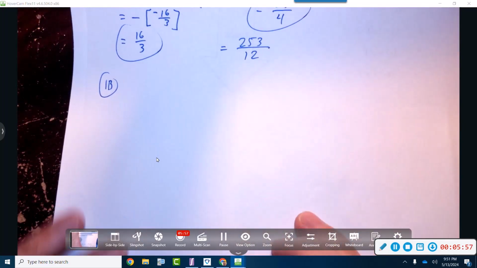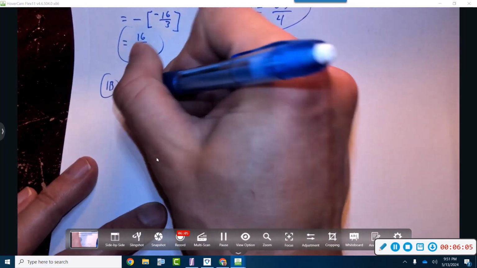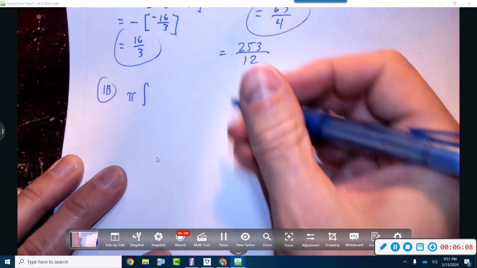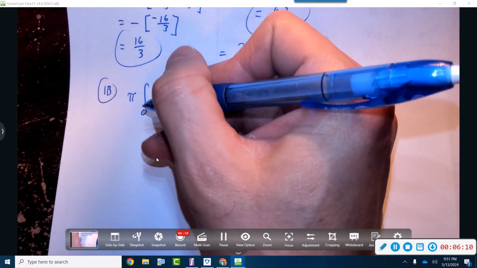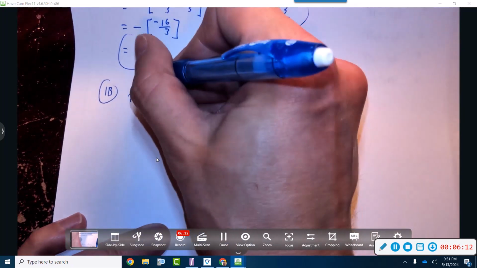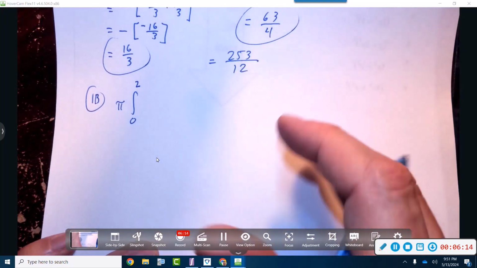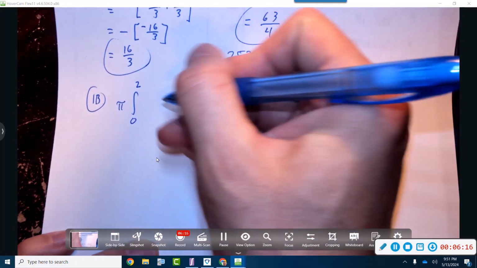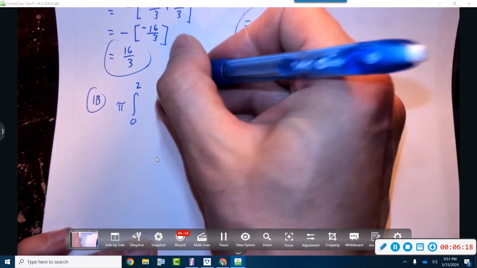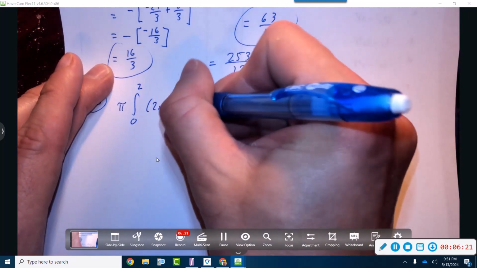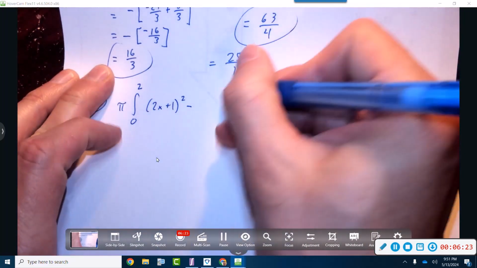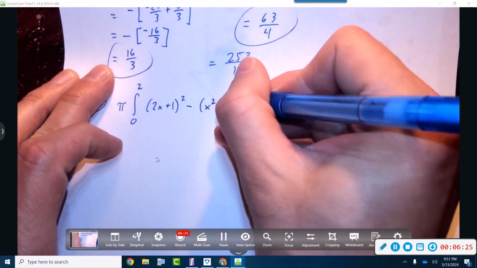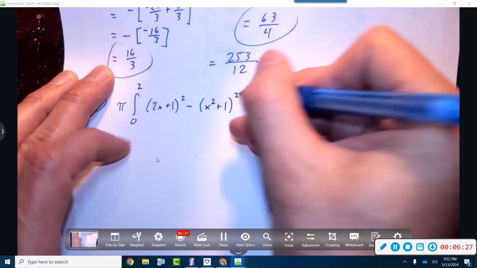Okay, so to set this up, we've got pi going from 0 to 2, according to the picture. And it looks like the line actually dominates. He's the one above, so that would be 2x plus 1 squared minus the quadratic x squared plus 1 squared.